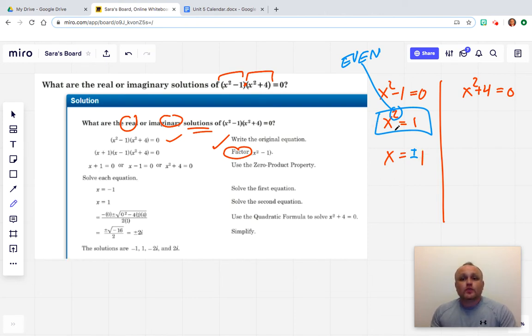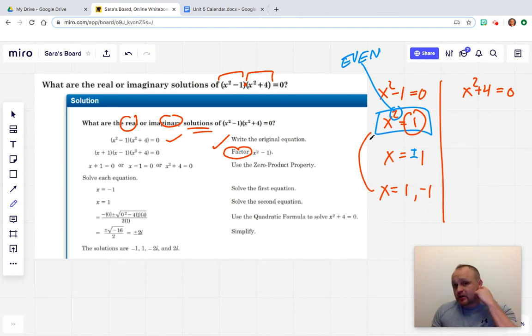Okay, and the reason why is x squared is equal to a positive 1. That means its zeros or its roots can either be 1 or negative 1.